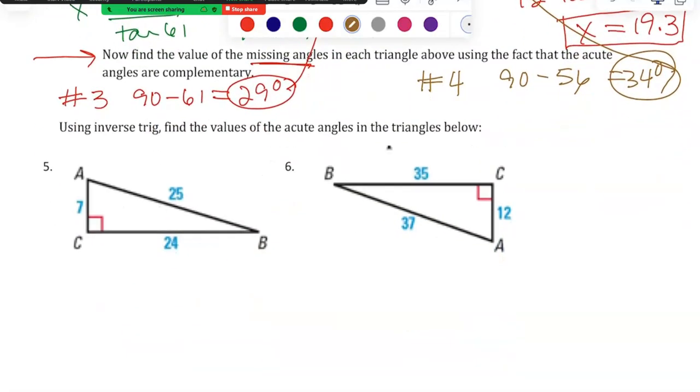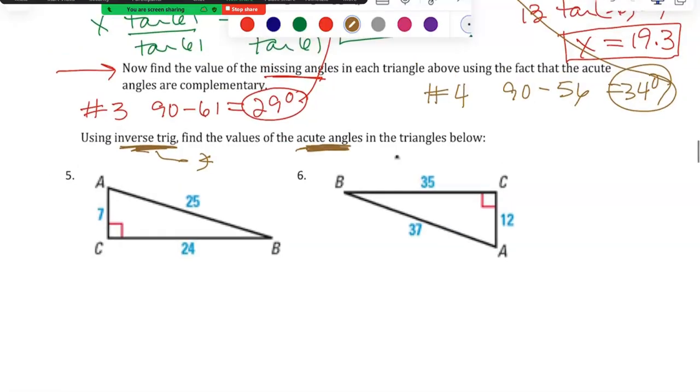Using inverse trig, whenever I see that, I am looking for an angle. Find the values of the acute angles. Remember, it's not the 90-degree angle in the triangle below. Okay, so I need to find angle A. I'm only going to use tan. Tan of A equals opposite over adjacent.